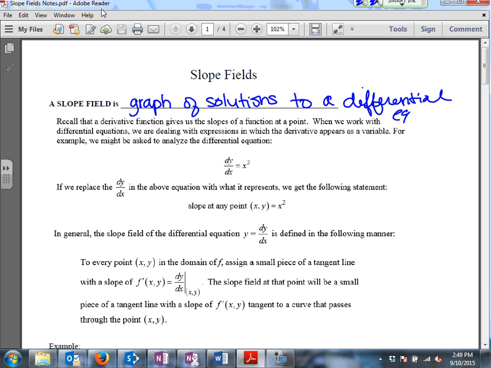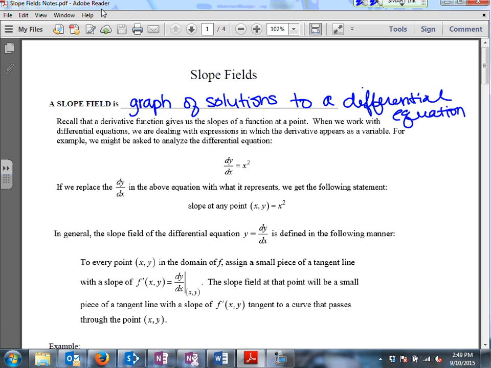We're going to call it a differential equation. We're not going to necessarily call it a derivative. Is that all right? How you find tangent lines.